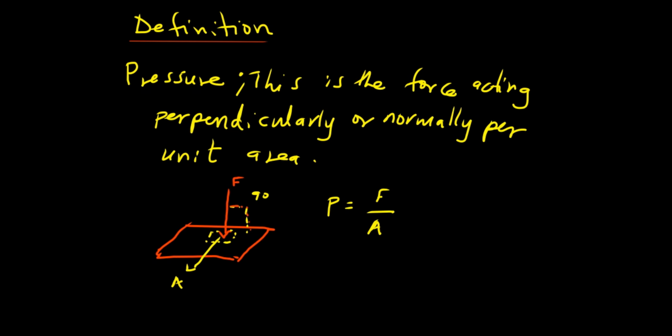They must be at 90 degrees, and that's the meaning of perpendicularly or normally per unit area.